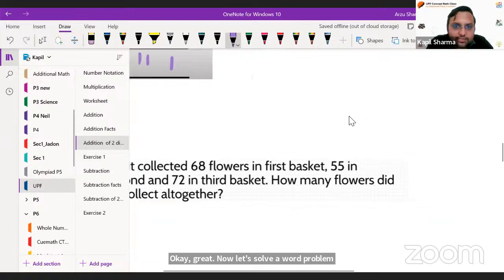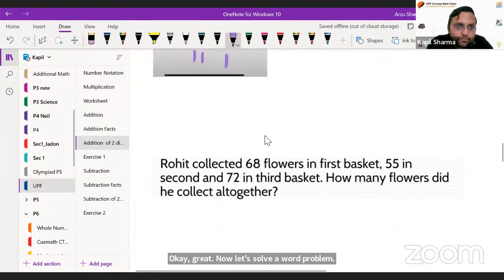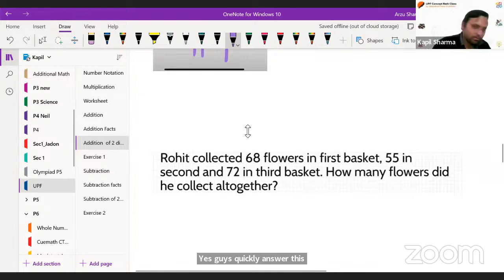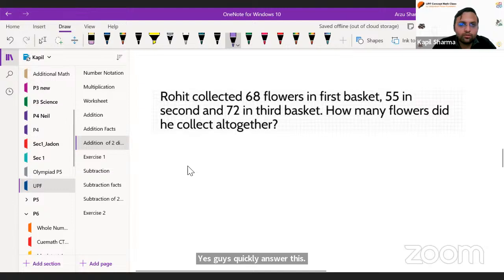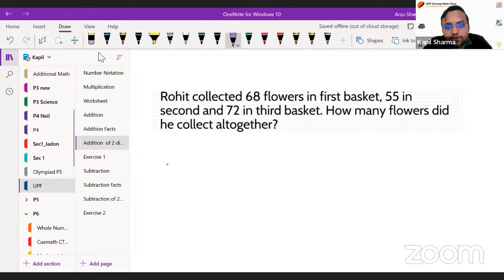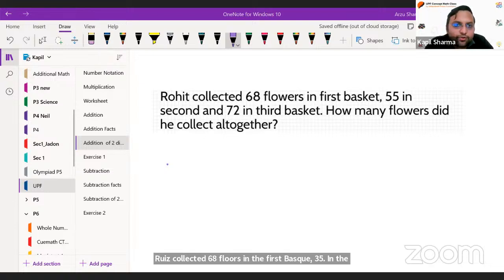Yes, guys, quickly answer this. So Rohit collected 68 flowers in the first basket, 55 in the second, and 72 in the third.